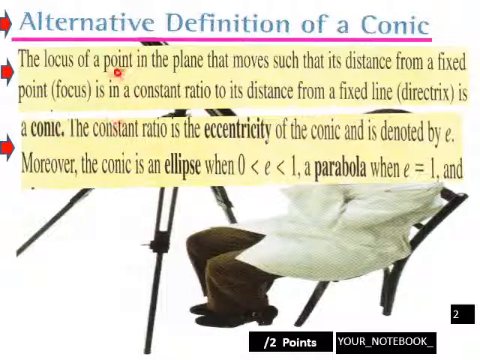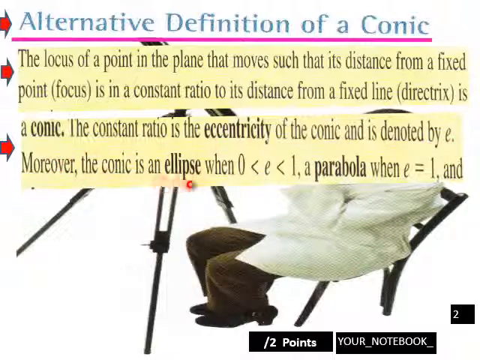There's a great definition of a conic right here. The constant ratio is the eccentricity of the conic and is denoted by E.